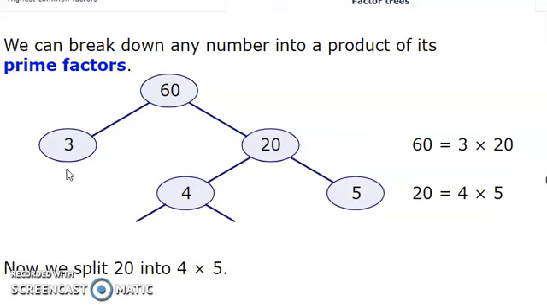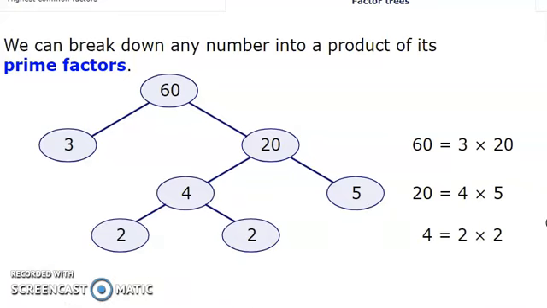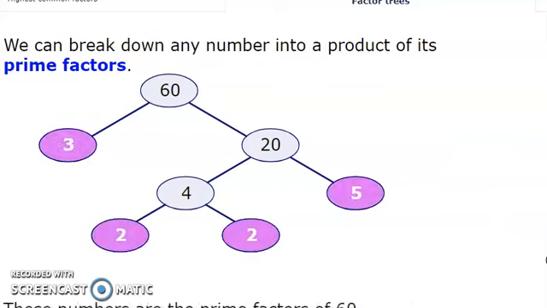Again, we can factor 20, and that is 4 times 5. And again we can factor 4, that is 2 times 2. So factors of 60 are 3, 2, 2, 5.